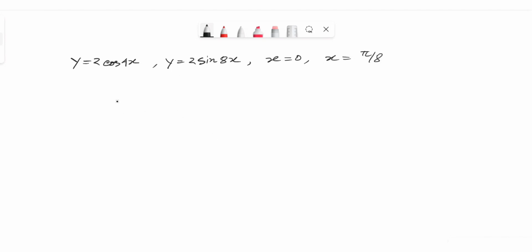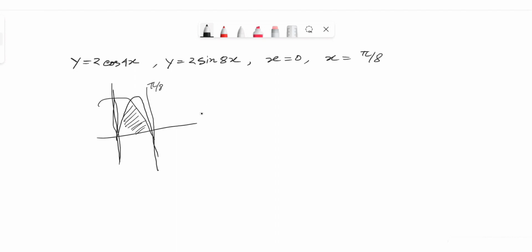So the given graph looks this way: that is the cos curve, and the sine simply like this, and this will be the pi by 8 line, and the x equals 0 will be this one. Okay, so this is the region to find.